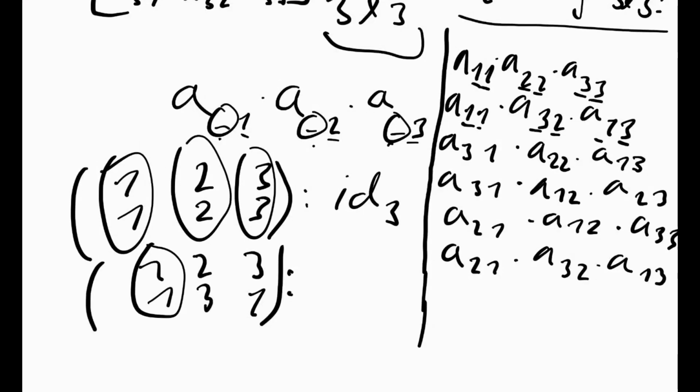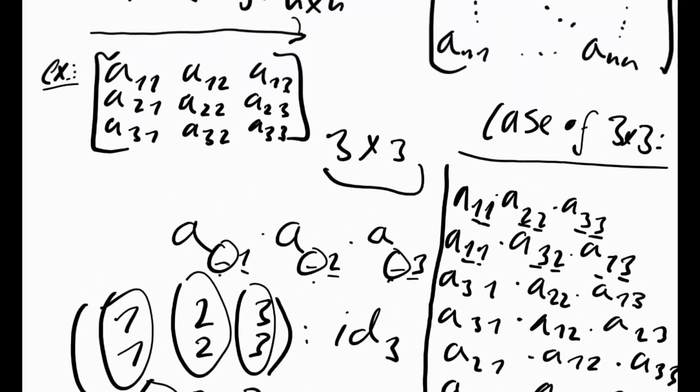So 1 is not moved, so we can write 1 in its own parentheses. 2 goes to 3, and 3 goes to 1. Oh, this is a mistake. That doesn't make sense. We cannot have them repeated like this. If 1 went to 1, 3 cannot go to 1. So this was 2. Let's just check it. Was it 2?